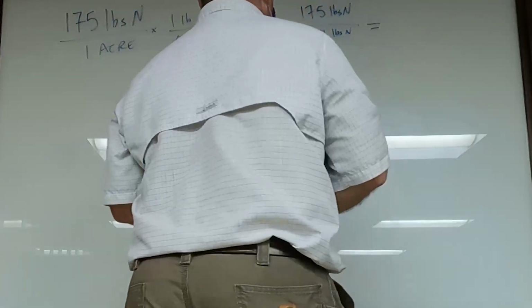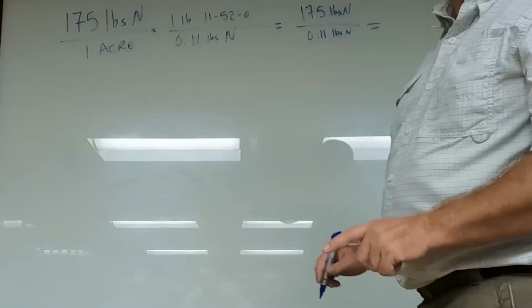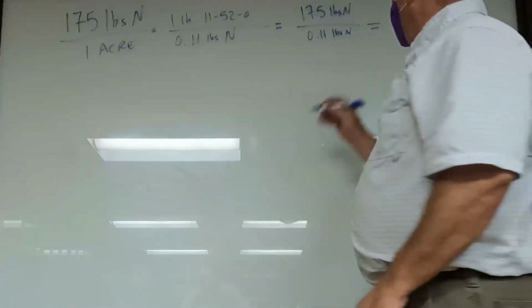And when we do that math, what do we come up with? Correct. 1,590. Is it perfectly 1,590? 0.9.